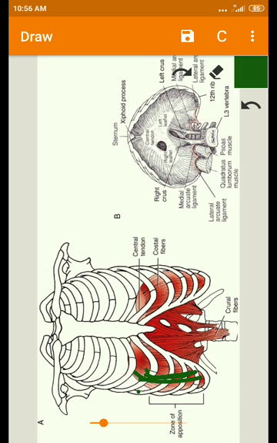Next, coming to the crural portions of the diaphragm. The crural fibers of the diaphragm originate from two tendinous structures called the right crus and left crus. Here you can see the right crus and left crus. The posterior or dorsal portion fibers are called crural fibers.